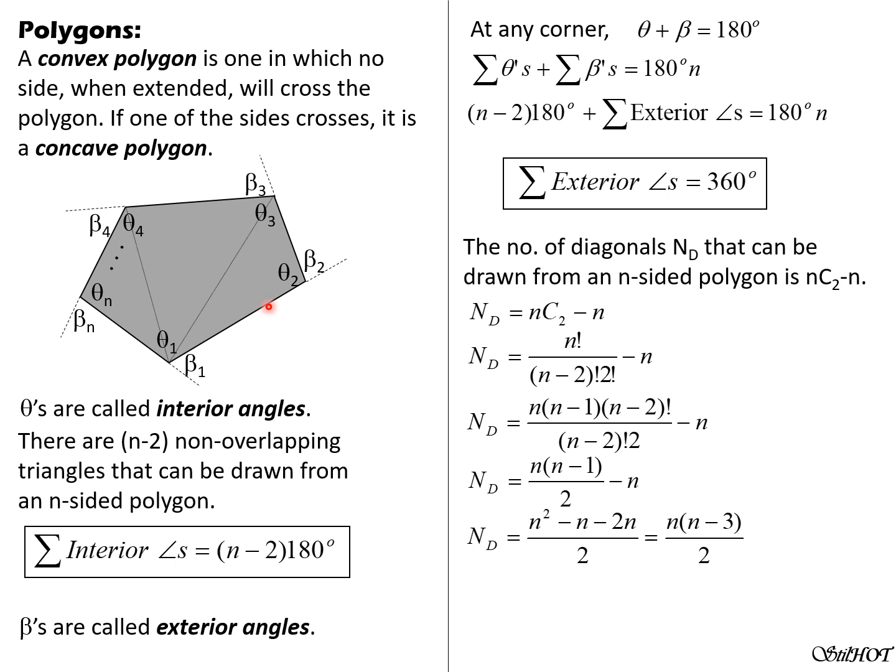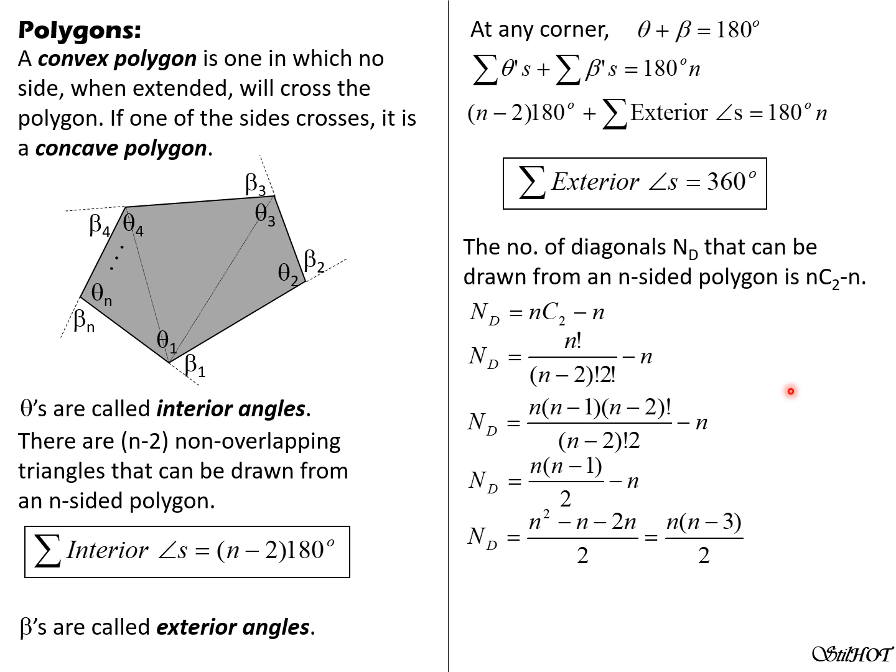Therefore, the total number of lines that can be drawn is equal to nC2. Do not subtract n because the sides are part of it. So just remember that if there are n distinct points, no 3 points of which lie on a straight line, then there will be nC2 total number of lines that can be drawn.